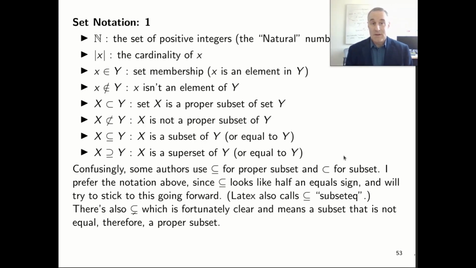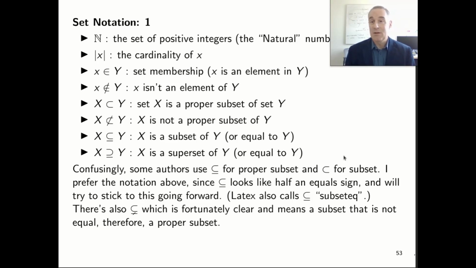So here's a summary of notation, one of which we've already introduced, but here's a bunch more that you'll need to be conversant with. So we have N, this funny script of the capital letter N, which means the set of positive integers. In our case, we're going to assume that that includes the number 0, so we really might call it the set of non-negative integers.